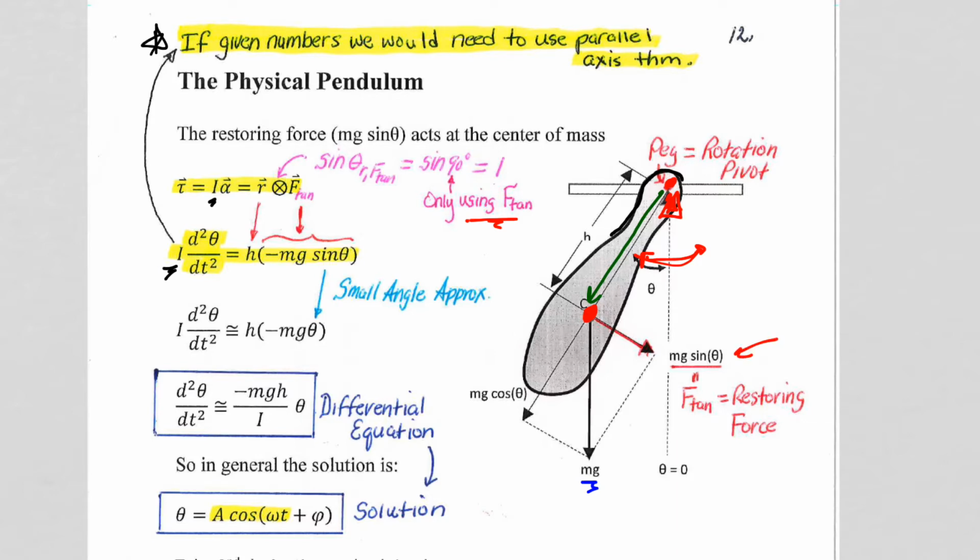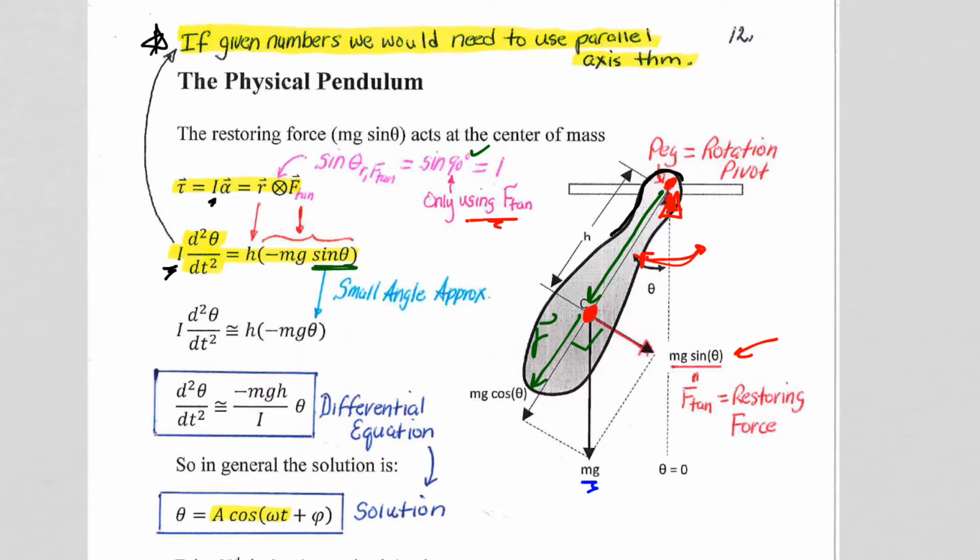So when we draw the r and the mg sine theta from a common origin, there we have our 90 degrees, and that's the 90 degrees that I have indicated here. So the sine theta here comes from the tangential component, not from the sine theta in the cross product.